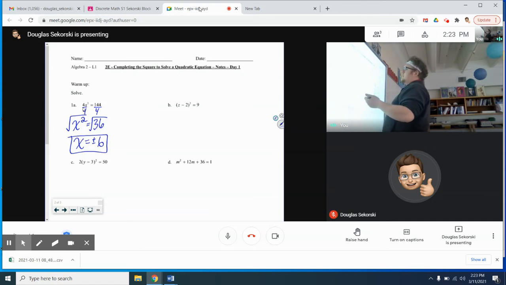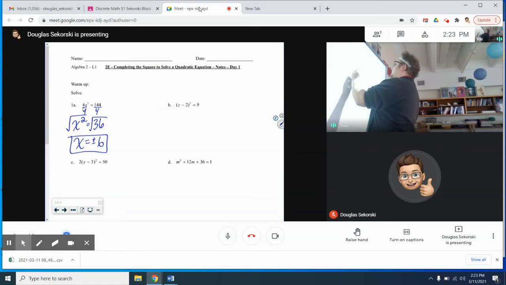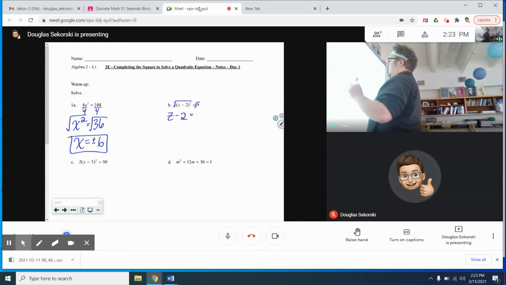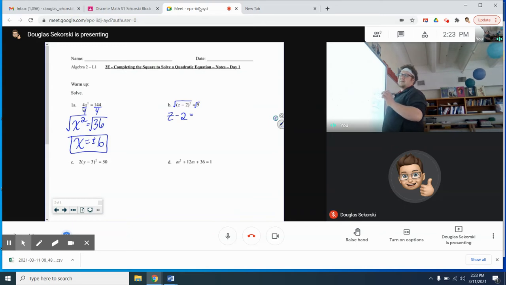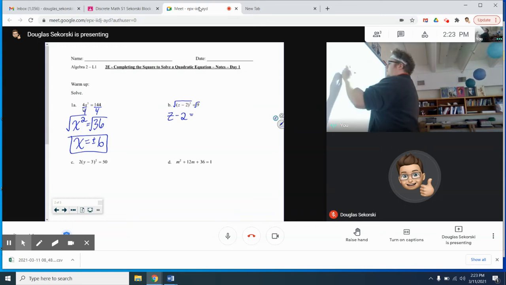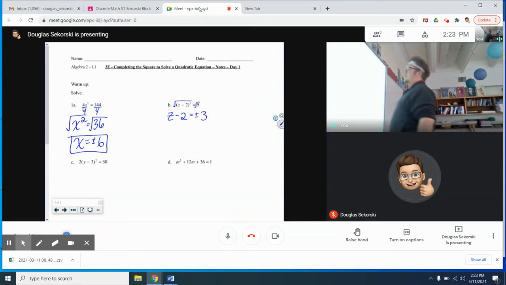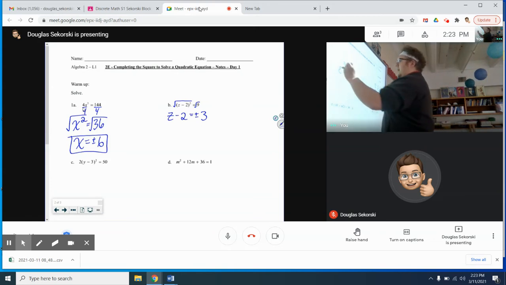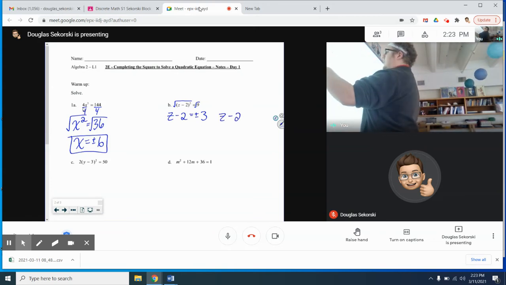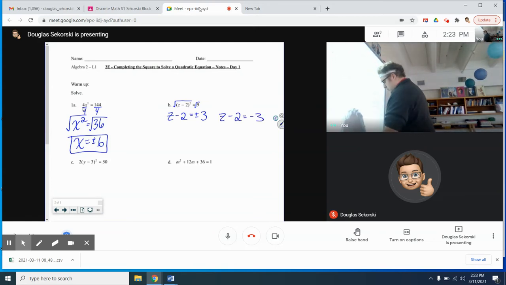Now over here in part B, we have z minus 2 quantity squared. That's inside the parentheses. So the parentheses are basically just acting like a variable. We're going to take the square root and we're going to say z minus 2 equals, and at this stage of the game, we would probably say plus or minus 3, right? We're taking the square root of 9. So we kind of have to form two equations off to the side.